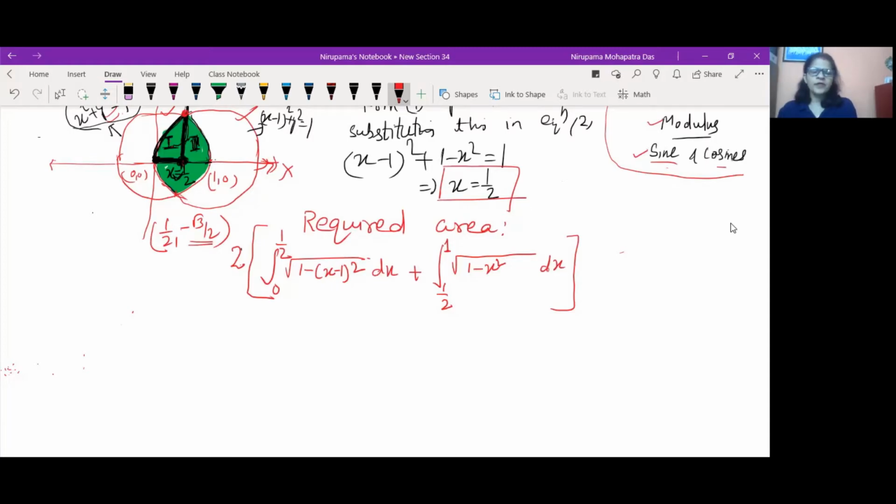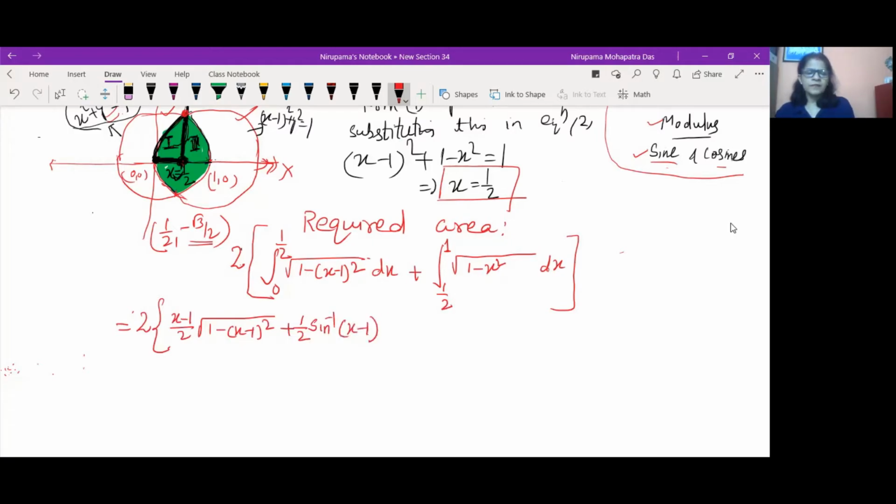Now our task is simple. We have to integrate and write the answer. So twice of, first part is what? You can apply the formula directly: (x minus 1) by 2 under root 1 minus (x minus 1) whole square, plus a square by 2, that means 1 by 2 sine inverse of x by a.